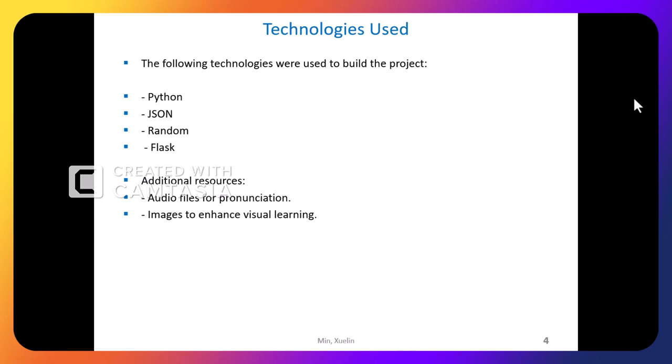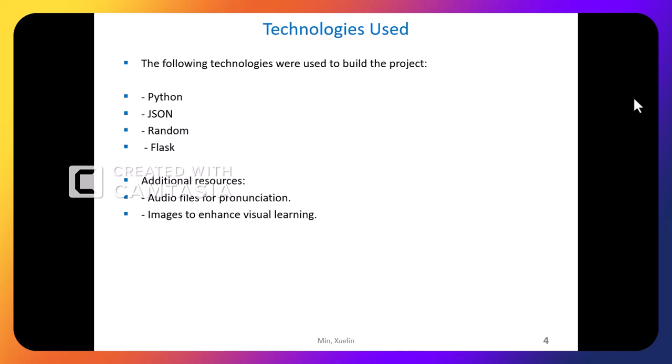JSON is used for storing vocabulary datasets in a structured, readable format. The third one is random. Random is used to dynamically select words and quiz questions, which ensures variety. The final one is Flask. Flask is a lightweight web framework for serving the application locally.